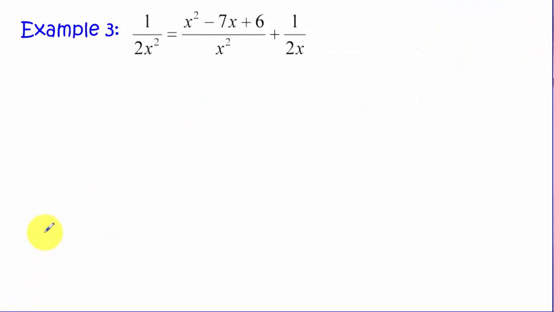So let's look at 3. Okay, so you might see here that we're pretty much already factored, so we need a 2 and an x squared, so our LCD is 2x squared. So we're going to multiply all the way across by 2x squared over 1.